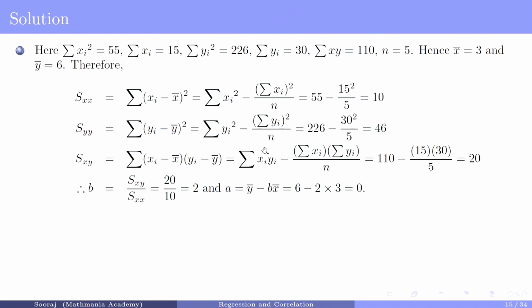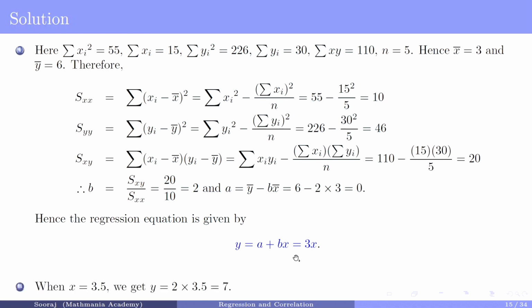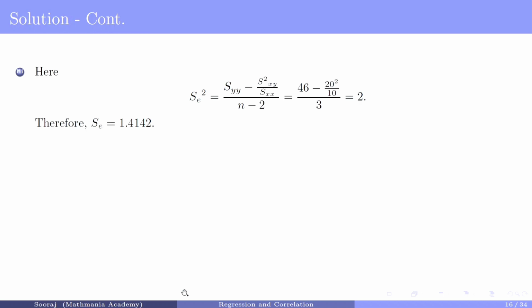Now we shall substitute them in the expression for b and a and we get a to be 0 and b to be 2. So finally the expression is y equals 2x. When we substitute x equals 3.5, we get y to be equal to 7.